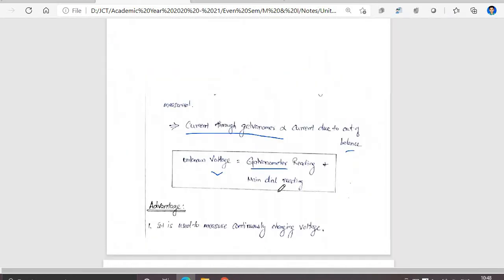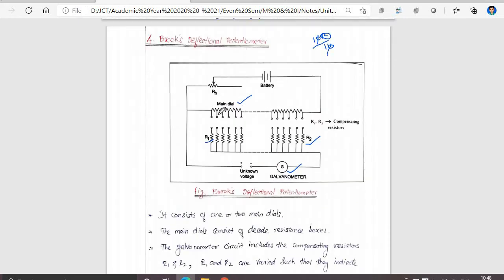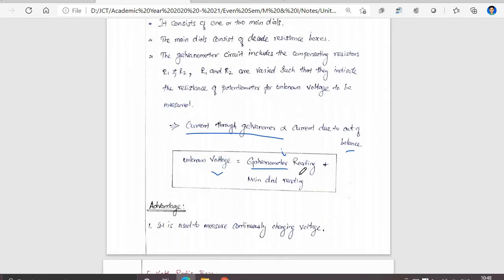The galvanometer reading is the current I. The main dial reading is the resistance value added into the circuit, R. So the unknown voltage V equals I into R. That's all. It's a simple concept.